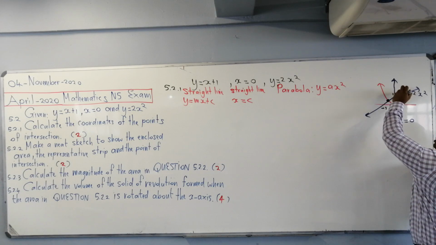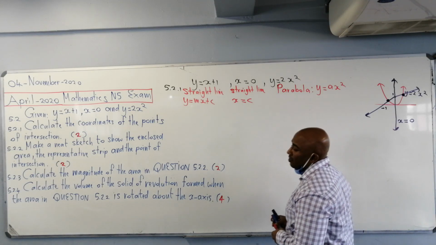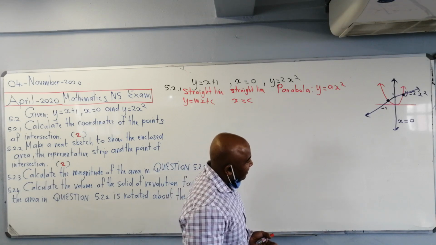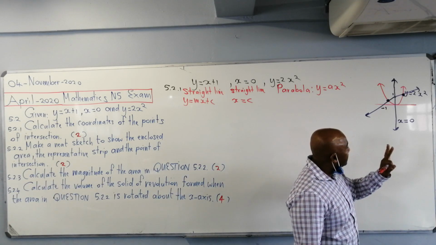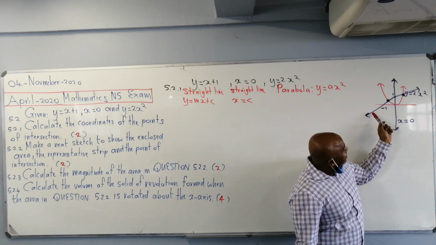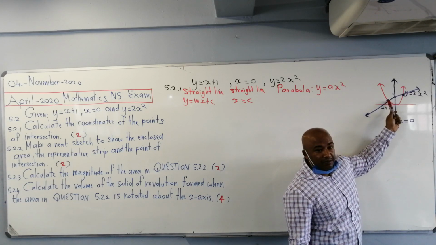So here we have points of intersection. How many points of intersection do we see here? It's actually 3 points of intersection. There's one at this point where the straight line y is equal to x plus 1 is intersecting the parabola.